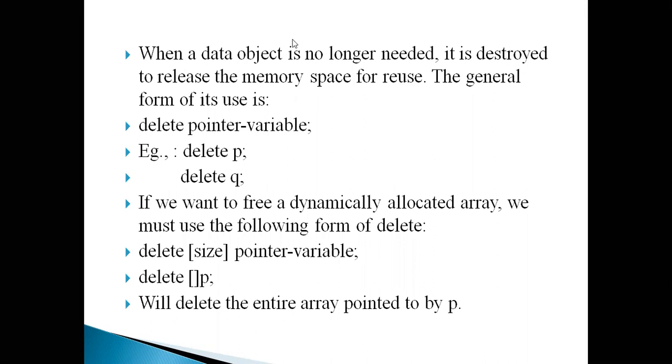Whenever the memory is created, it will automatically stay in existence unless we explicitly delete the memory. When we want to delete the memory, we use the syntax delete pointer variable, where delete is used to delete, free or deallocate the memory of the pointer variable we specified.